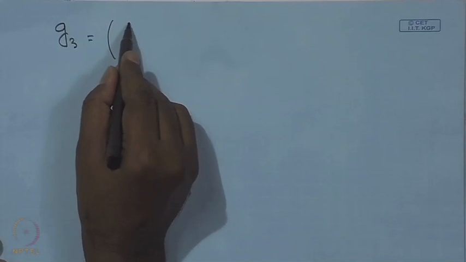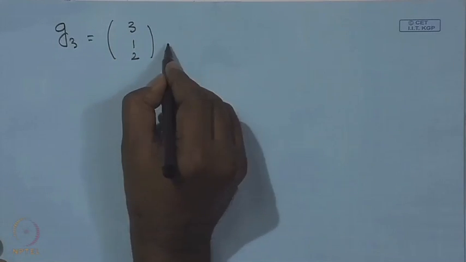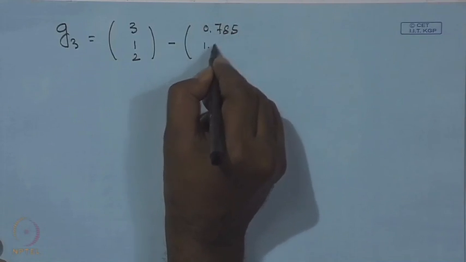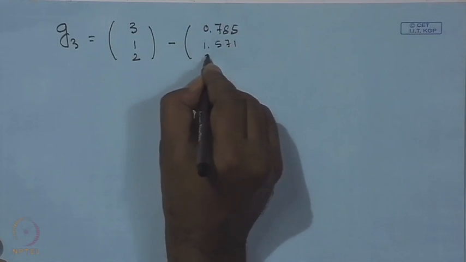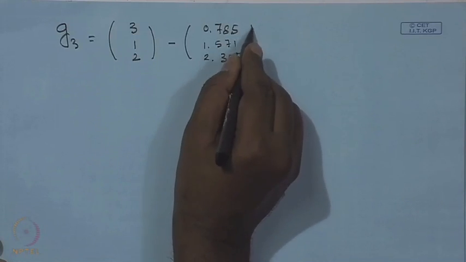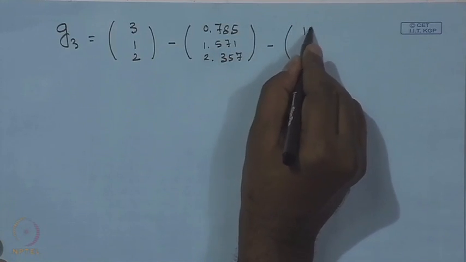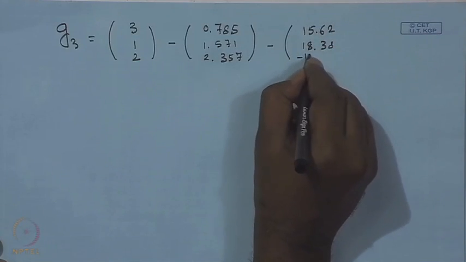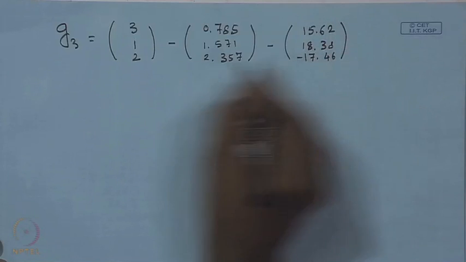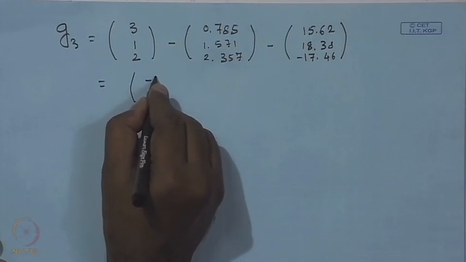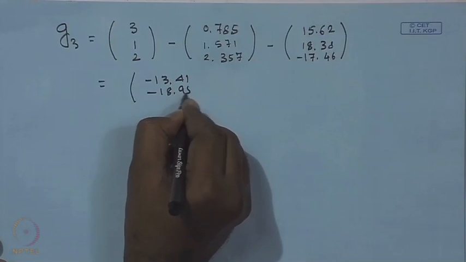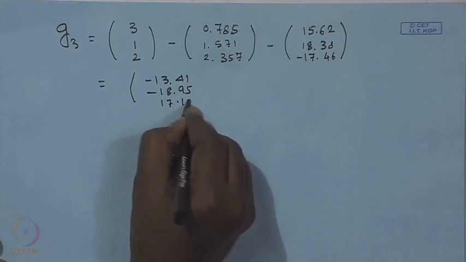G3 now becomes 3, 1, 2 minus 0.785, 1.571, 2.357, minus 15.62, 18.38, minus 17.46, and this becomes, after simplification, 13.41, minus 18.95, 17.10.